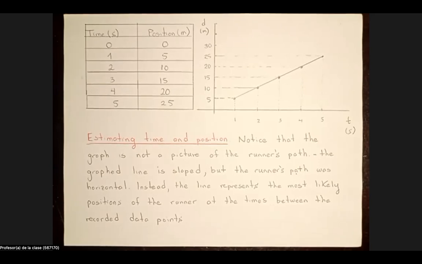And position is going to be 6 variables, 0, 5, 10, 15, 20, 25. Okay, so you can plot this data on a graph.